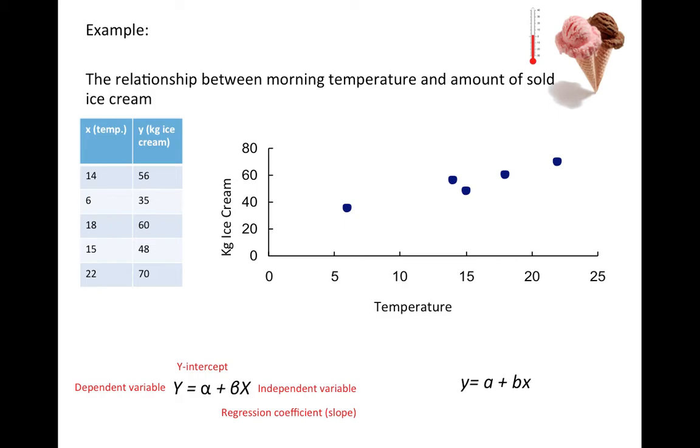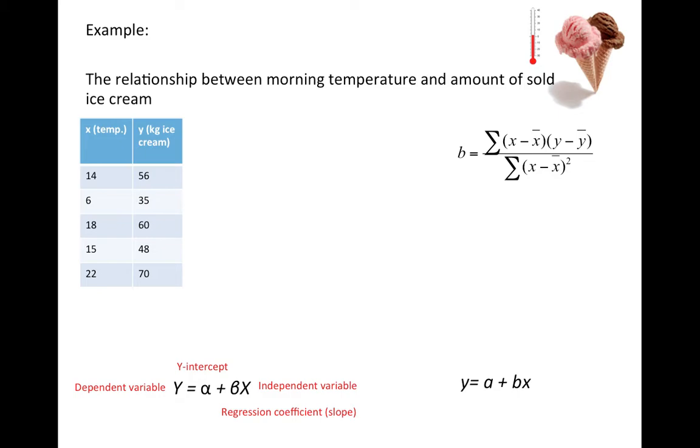And we do this by using the following equations. So let's start with b. We need a number of calculations to get to b. First of all, we're going to need the means of x and y. That is simply the average of our data, x and y. We're also going to need delta x and delta y.